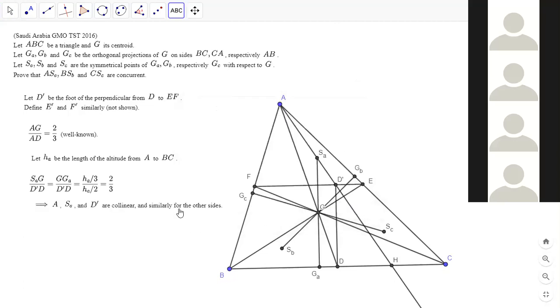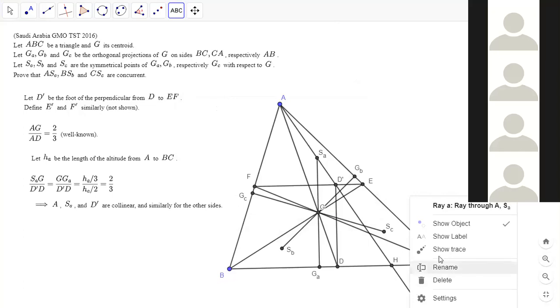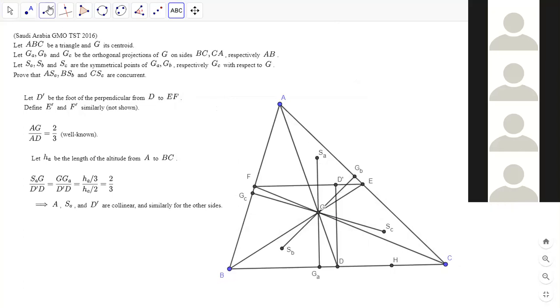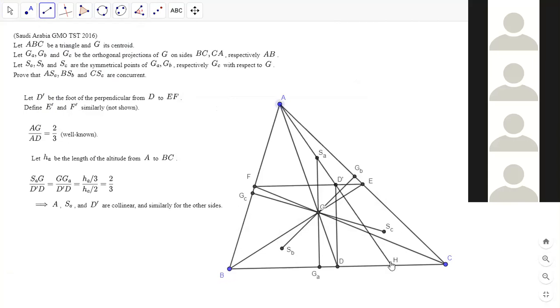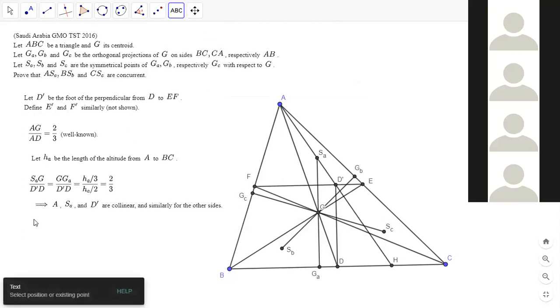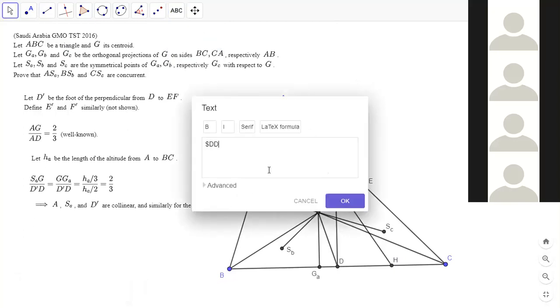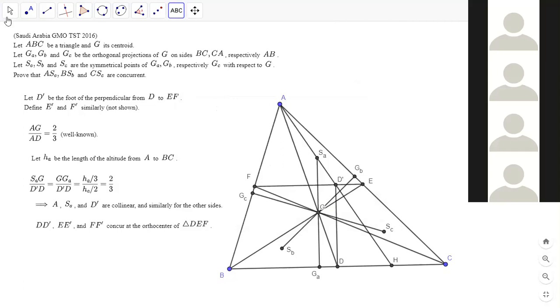And then once we know that, I'll just say DD prime, EE prime, and FF prime concur at the orthocenter of DEF. And then we can use Ceva's nest theorem.